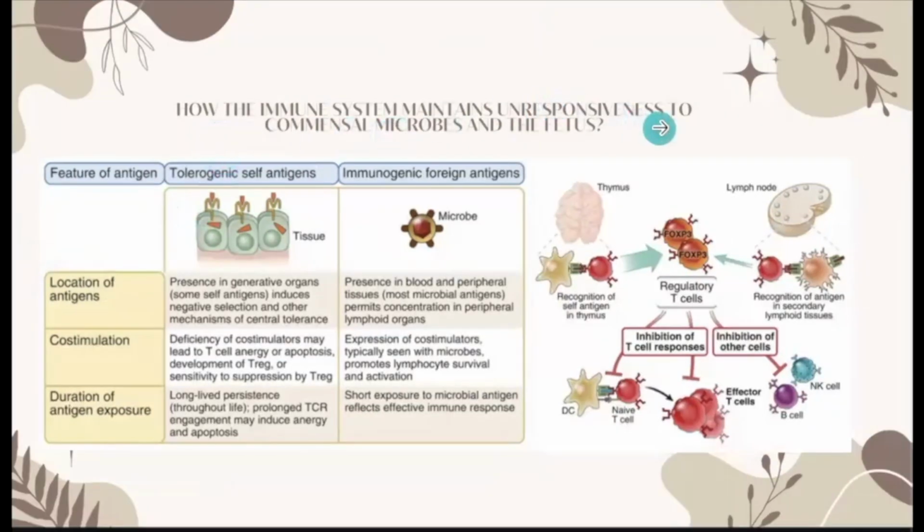How the immune system maintains unresponsiveness to commensal microbes and the fetus. The immune system maintains unresponsiveness to commensal microbes in the gut through its abundance of IL-10, which is an anti-inflammatory cytokine produced by regulatory T cells, signaling from TLRs leading to inhibition of immune cells, and the physical separation of bacteria by the epithelium.